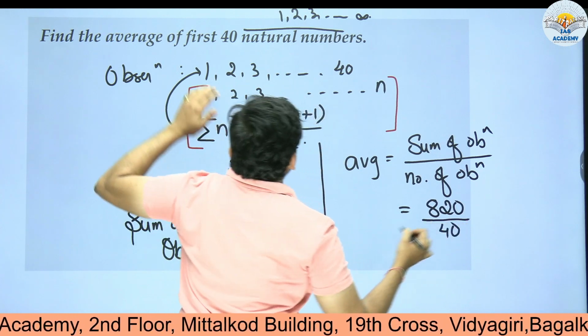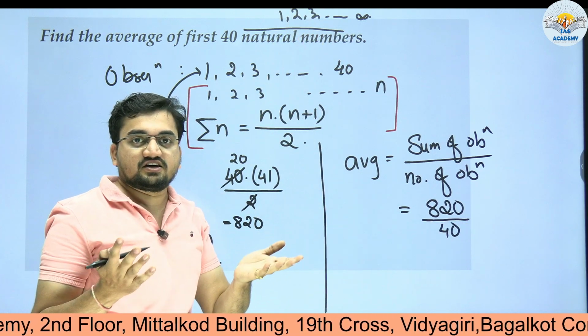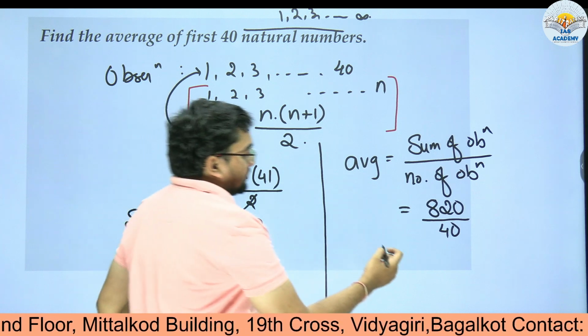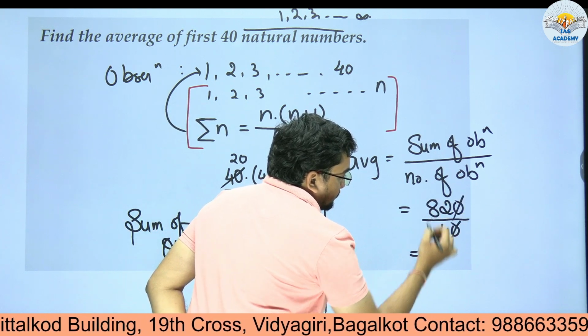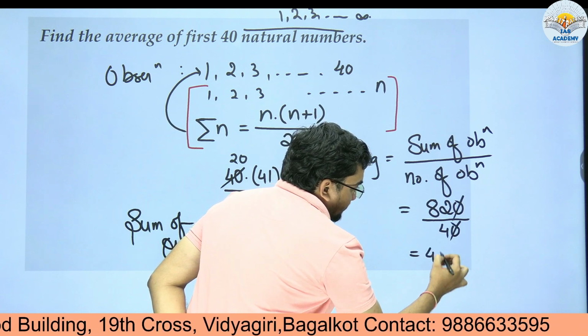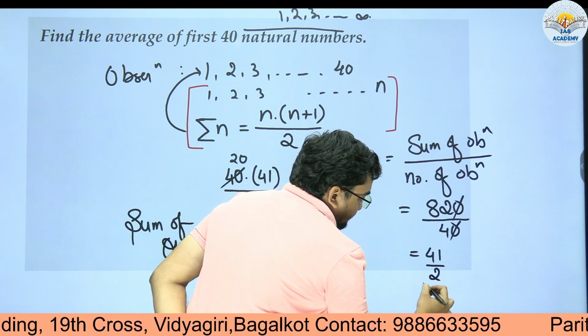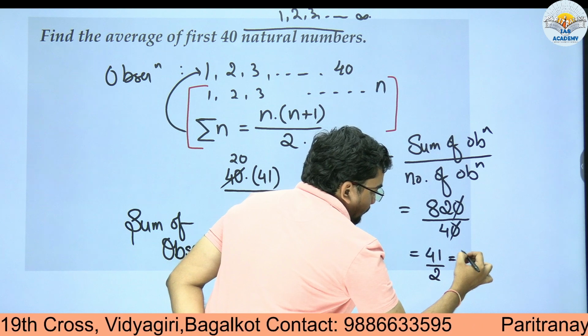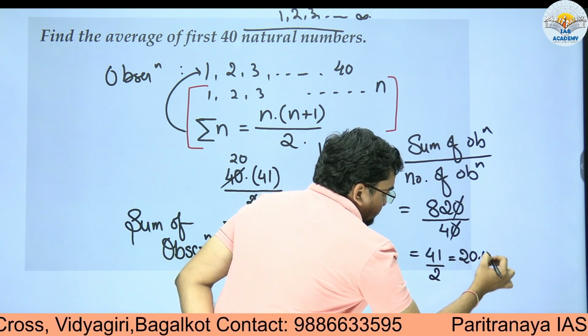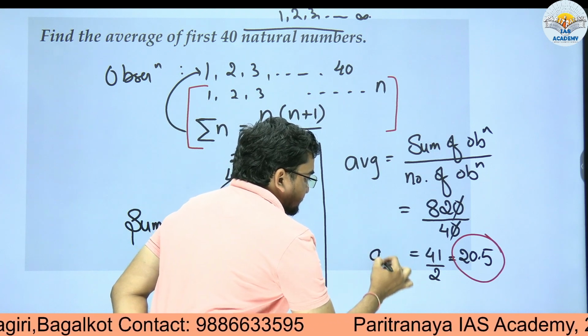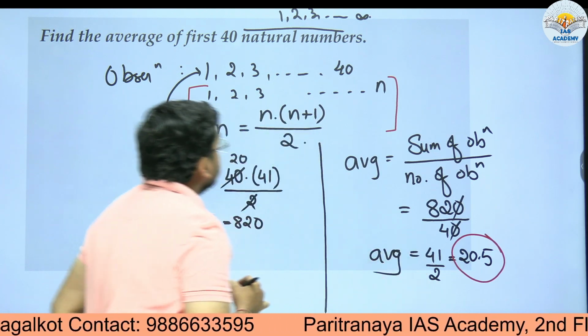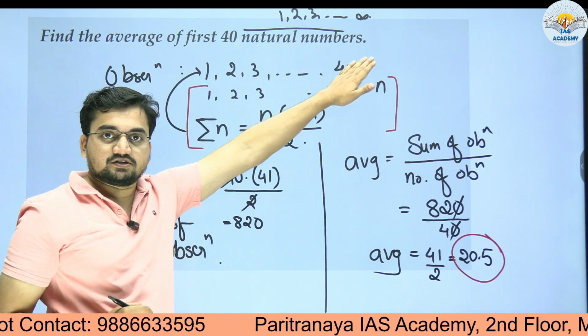If you count 1, 2, 3, 4 up to 40, how many are there? 40. So 40 divided by 40 gets cancelled, so 41 divided by 2 is equal to 20.5. So 20.5 is the average of the first 40 natural numbers.